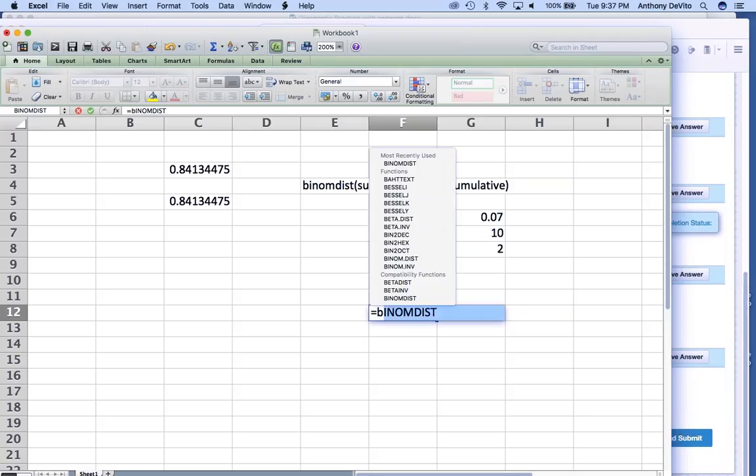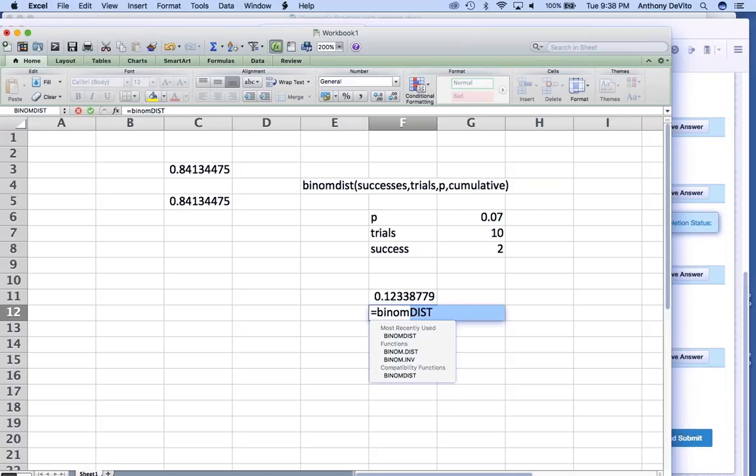Now, the difference is when I might ask you, what's the probability that 2 or fewer people in that sample of 10 people have HIV? What's the probability of that outcome? Let's take a look at that. BINOM.DIST. Now, what's the number of successes? Well, it's 2 or fewer, comma, 10, comma, 0.07, same as before, except this time I'll say true.